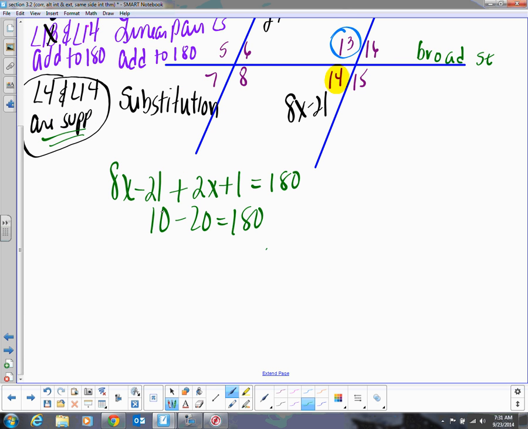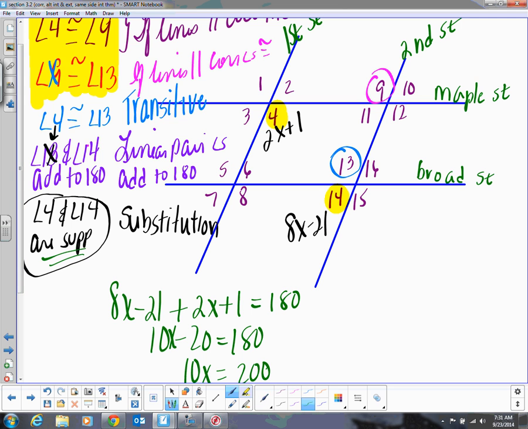I forgot the x. So when you add 20, you're going to get 200. X is equal to 20. All right, but that's not all. They want us to find 16. Where is 16? 16 is right here.